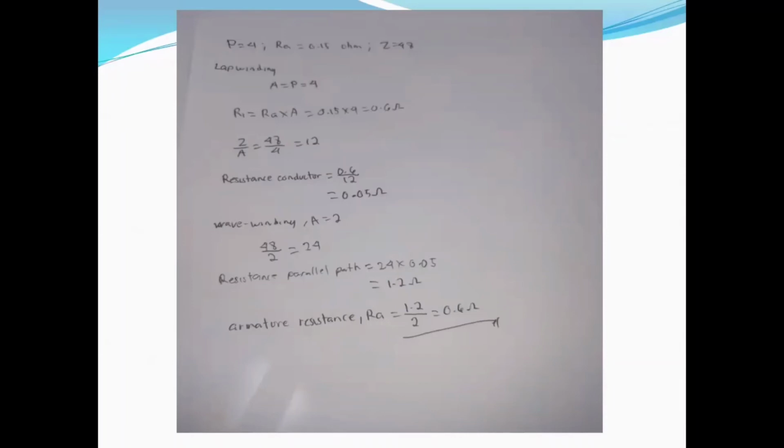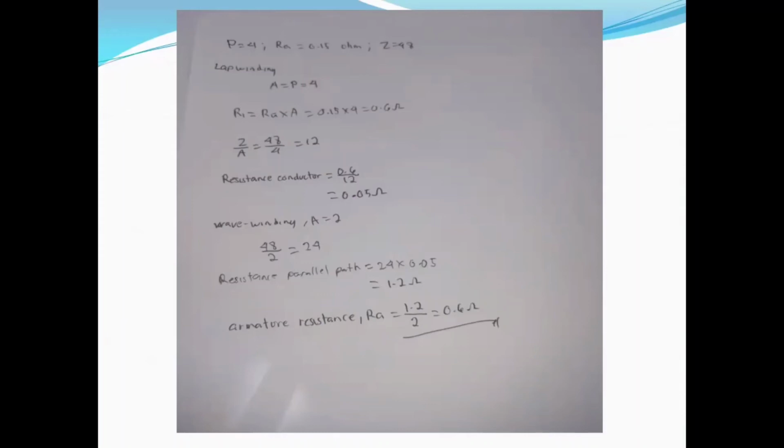Okay, A is equal to P, or P is equal to 4. So Ra times A is equal to 0.15 times 4, which is 0.6 ohms. So next is the number of conductors in each parallel path.